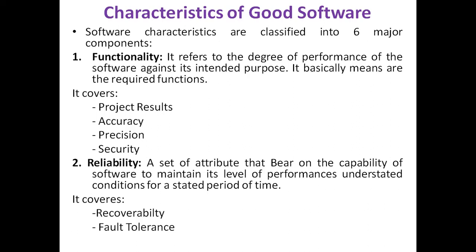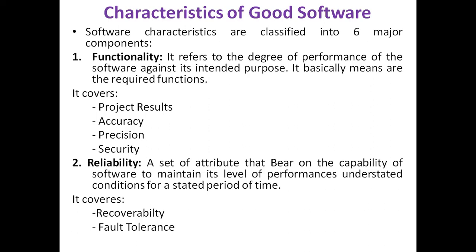First one is functionality. In this characteristic, the main focus is on the performance of the software. That is, after analyzing the user requirements, whatever features we have generated and designed in the model, is our system working exactly as per the design model of the requirement?